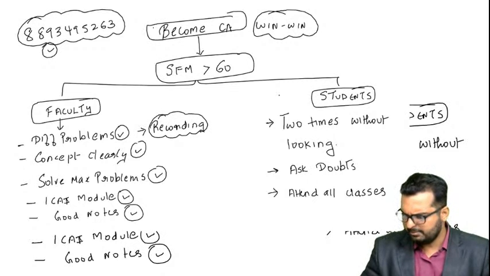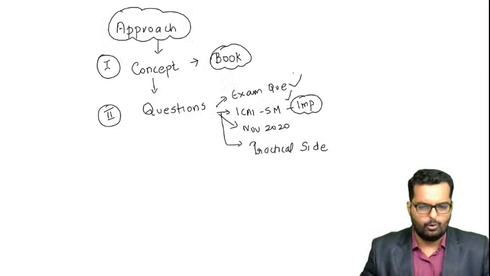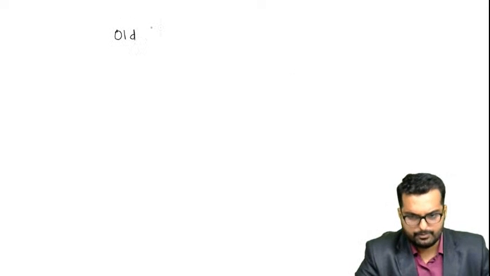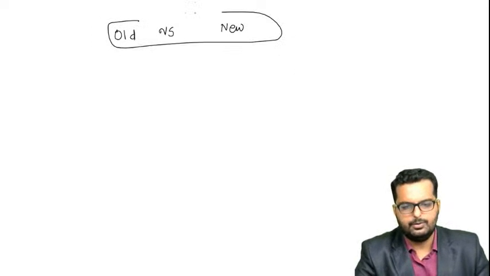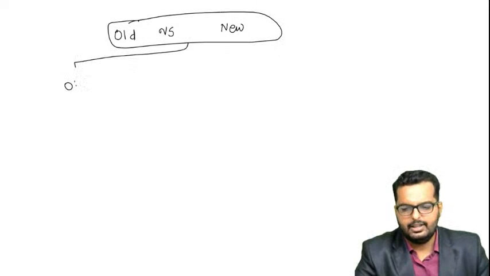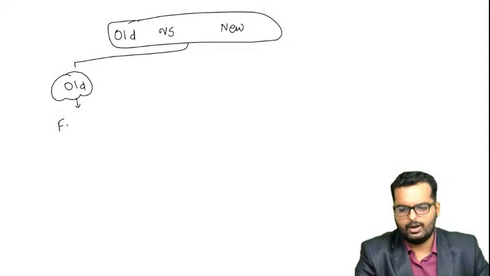Okay, Narsimha, your old syllabus. Asma, your also old syllabus. Let me give you a differentiation between old and new. Old syllabus versus new syllabus. In the old syllabus, there are some topics which are exclusively old syllabus. One of them is factoring.